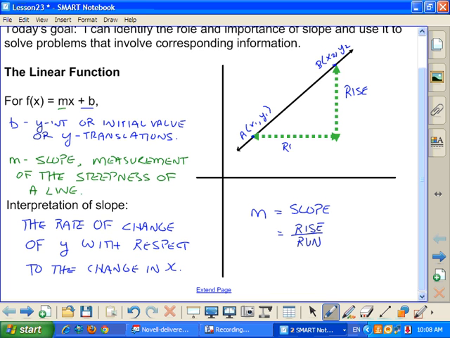This is our run. Then we moved you into saying that that could also be represented as delta y over delta x. So rise, so then we move to delta y and delta x. And then I asked you, well, what does delta y and what does delta x represent? Well, delta y is the change in y, so you end up with y2 minus y1.